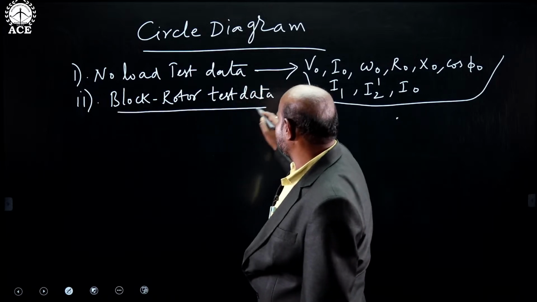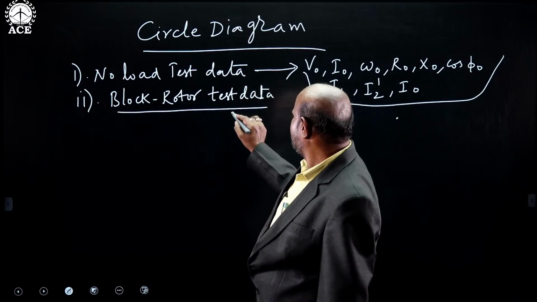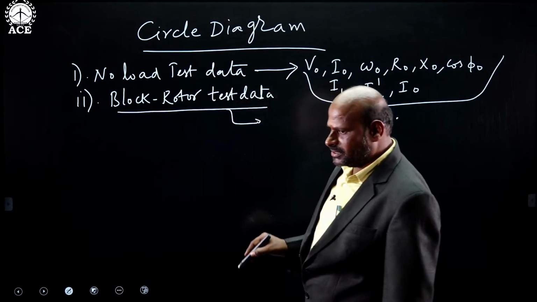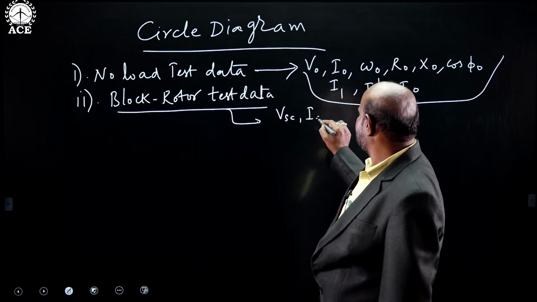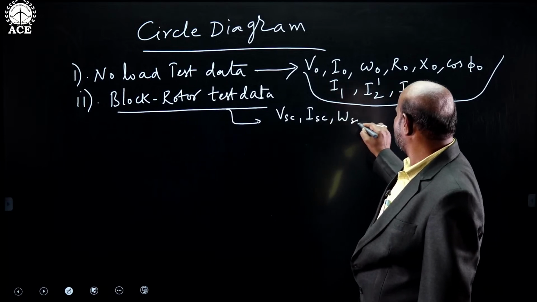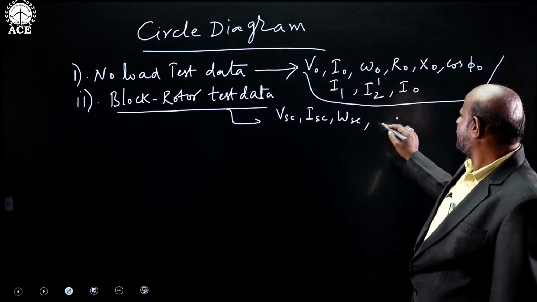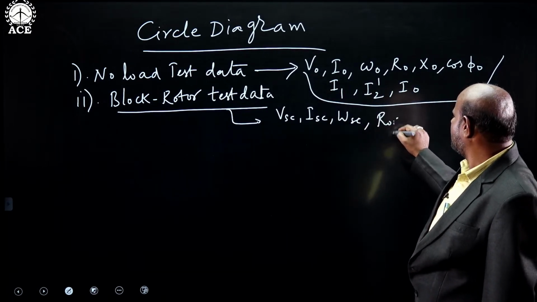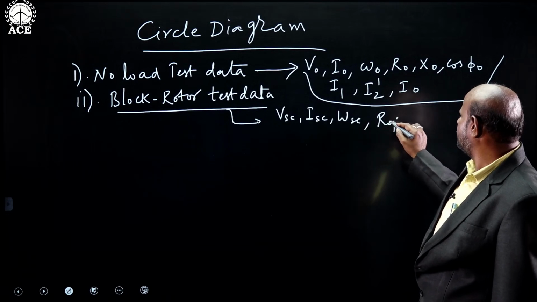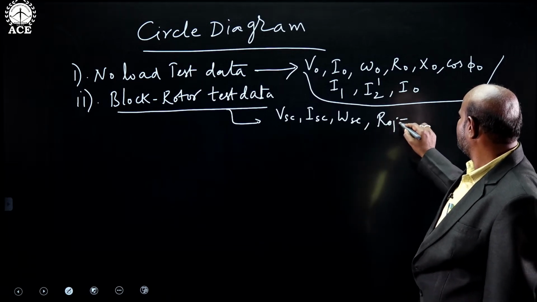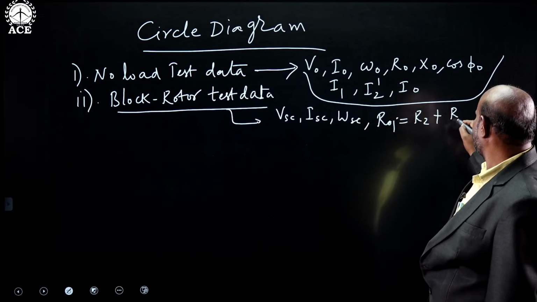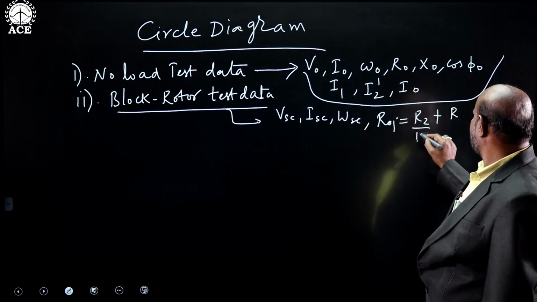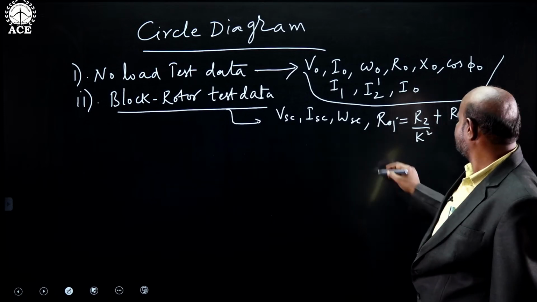From block rotor test or lock rotor test, what are the parameters we are going to get? VSC, ISC, WSC, and R01. It is the resistance referred to the stator side, which is a combination of rotor resistance and stator resistance.